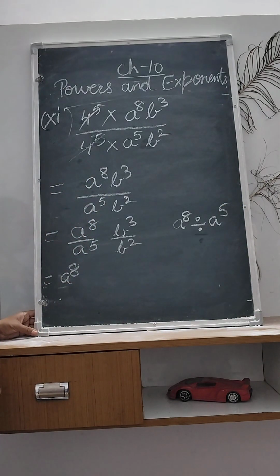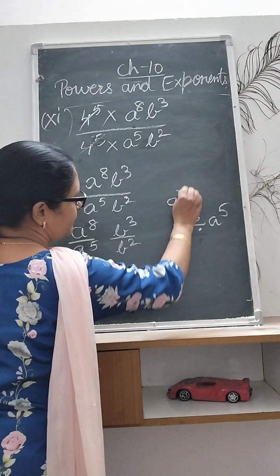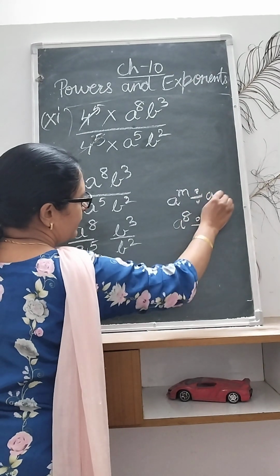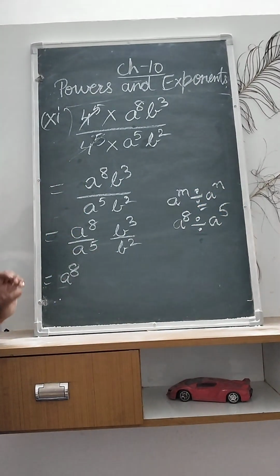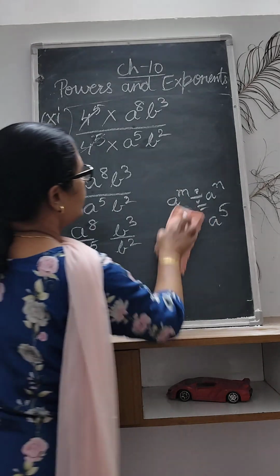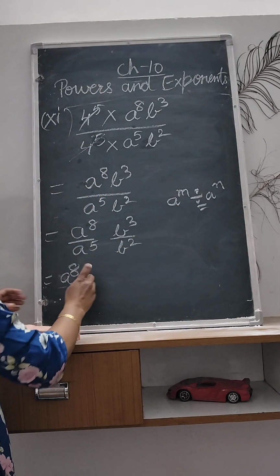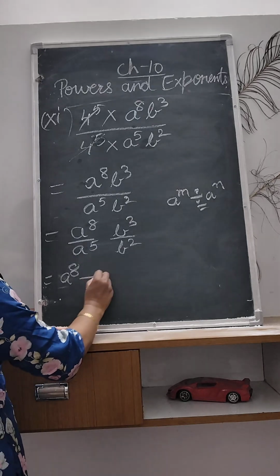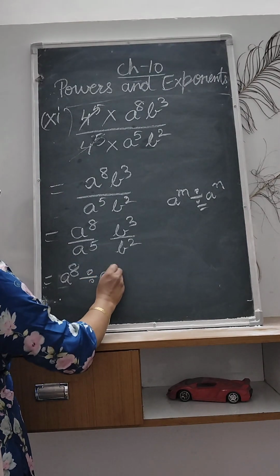So what we have to do, we can apply this formula: a raised to power m divided by a raised to power n is equal to a raised to power m minus n. If you want you can repeat, or you can do the straight way also.